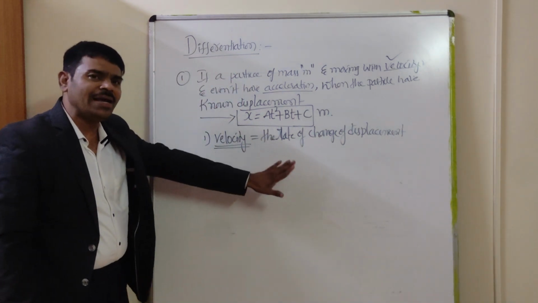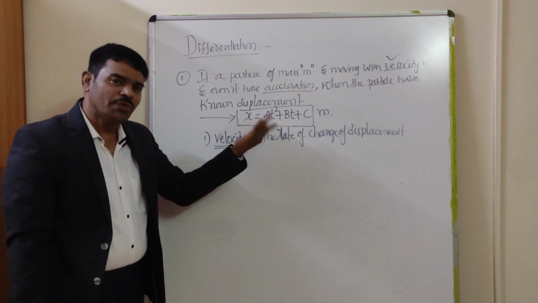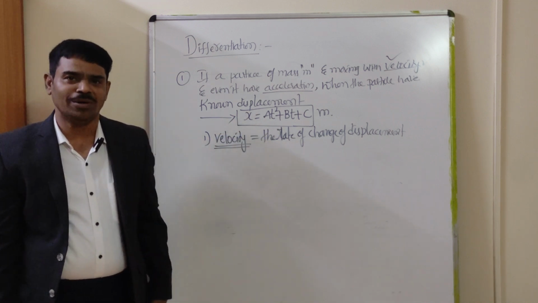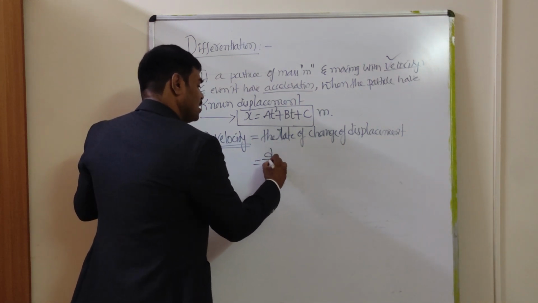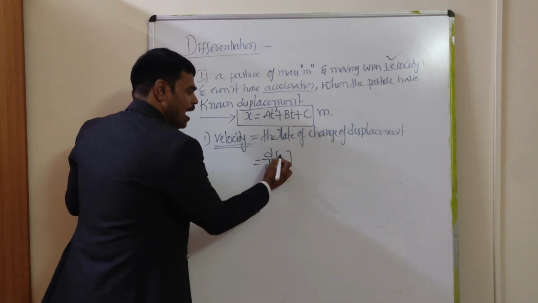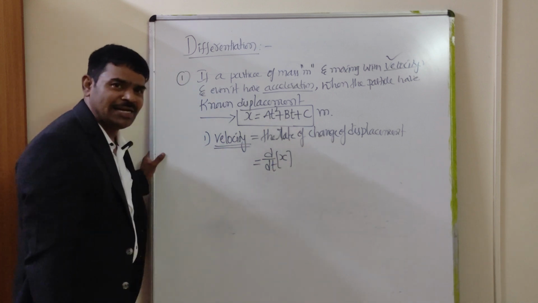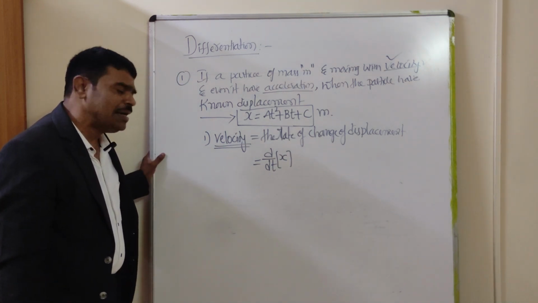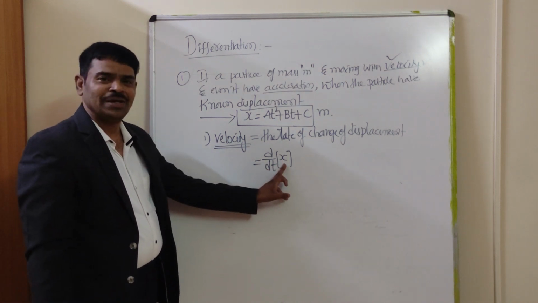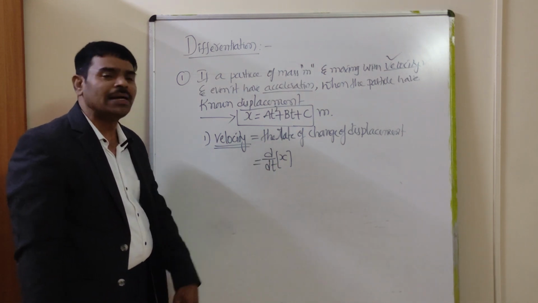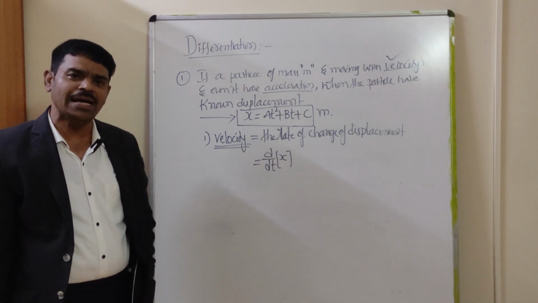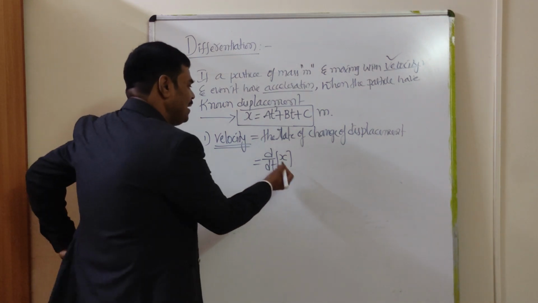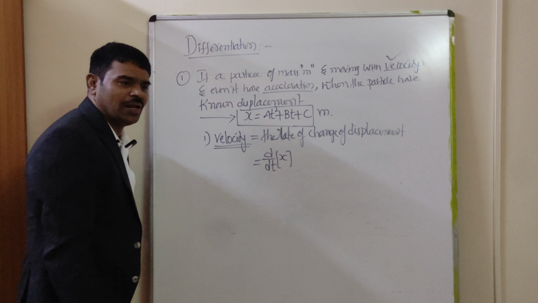That is theoretically how we explain it, but that is nowhere useful for us while solving problems. So I am trying to write the rate of change of displacement in the form of an equation. That is d by dt of x. d by dt of x is nothing but the velocity. Simply, dx by dt is nothing but the velocity.